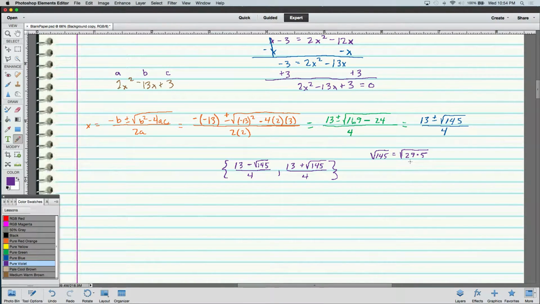And can we break down 29? No, we cannot. 29 is a prime number. So 145 is in reduced form. So we cannot do anything with this square root of 145. So our x is going to equal 13 minus the square root of 145 over 4, and 13 plus the square root of 145 over 4.